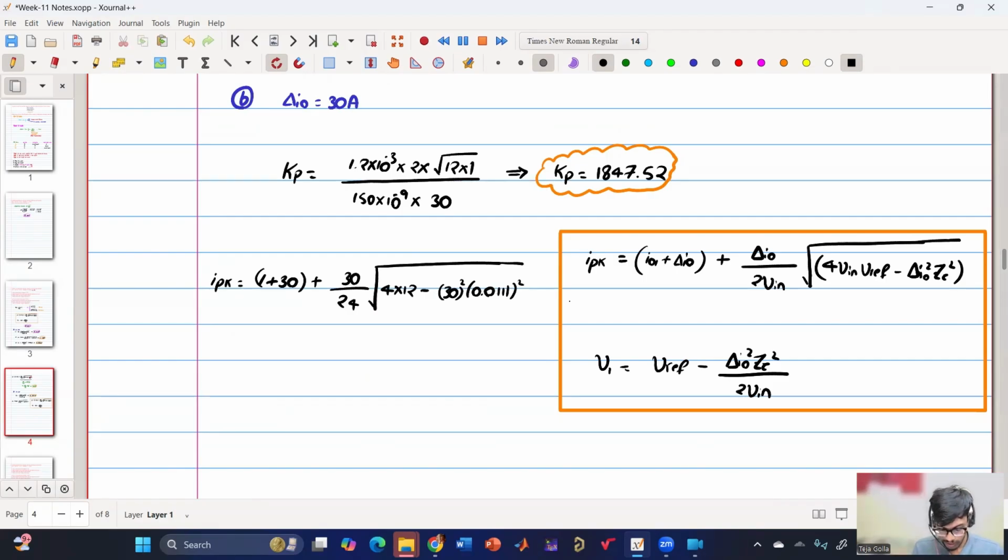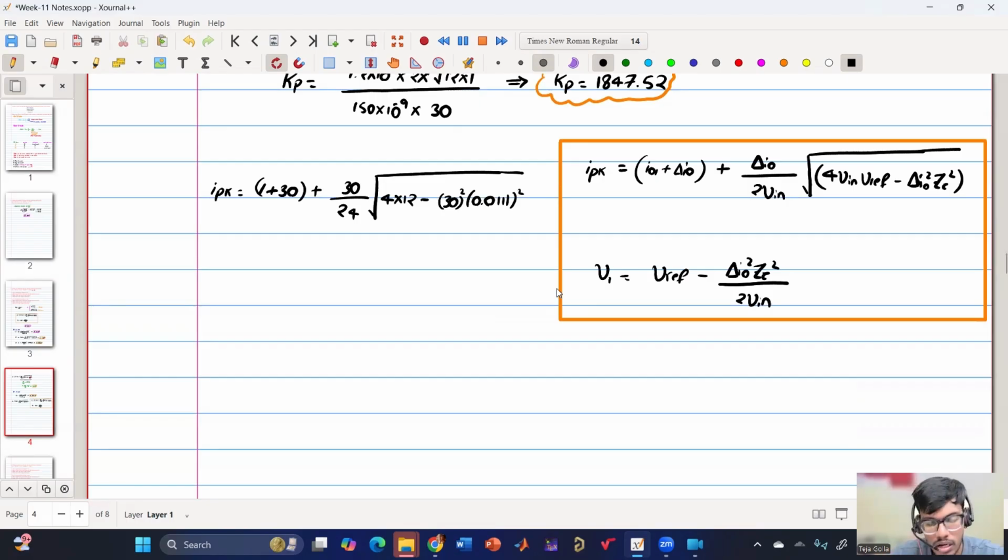Okay, so we'll have 31 plus 30 by 24 into square root of 48 minus 900 into 0.0111 square. So I'm getting 39.65. Parvati, please check. I think you might have made some mistake. So I think it is coming 39.65 amperes.